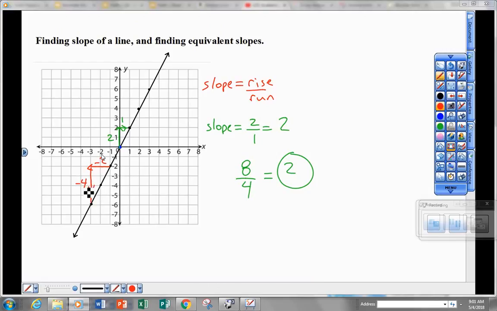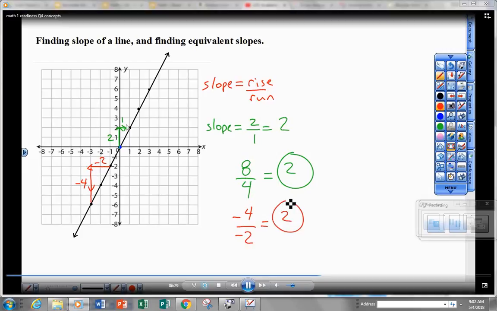Negative 2 for my run, going left, negative 4 for my rise, going down. Putting those two together is negative 4 over negative 2. That is also 2. Equivalent slope. All my slopes on this line are 2, whether I go up and over, positive, positive, or to the left and down, negative 2, negative 4. All those slopes are equivalent.